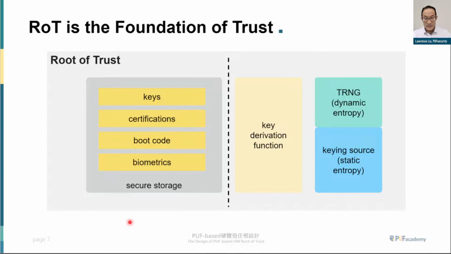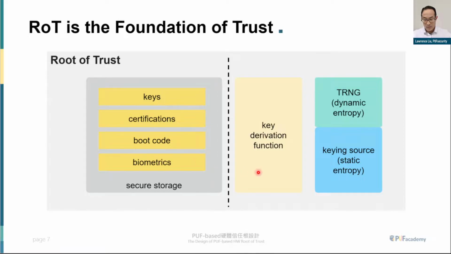So now that we've seen the types of data that a root of trust needs to keep safe, we will examine the basic architecture of a root of trust. Seen here, it is divided into 2 parts. One is for secure storage, and the other part is for key derivation. For secure storage, we safely store the types of data that we saw in the previous slide, such as keys, certifications, boot code, biometrics.